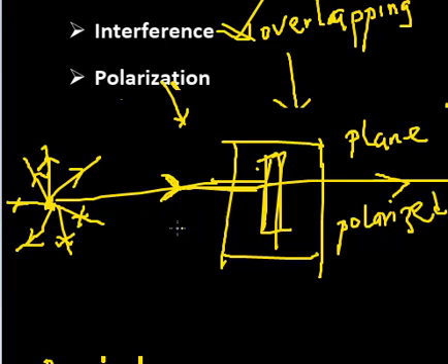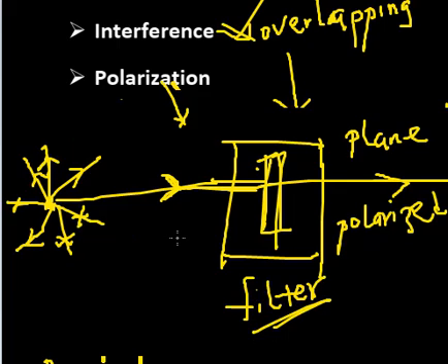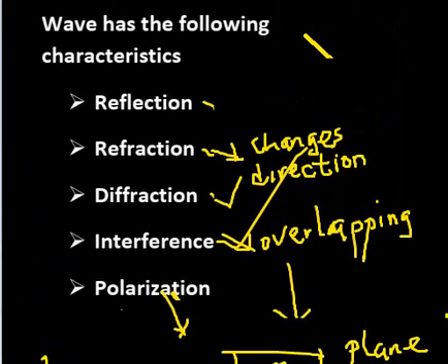So we can simply say that if light rays of high intensity pass through a polarizer, it will reduce its intensity. Why? Because some of the rays have been filtered. So a polarizer acts as a filter of rays of different planes and allows one of a particular plane to pass through it.